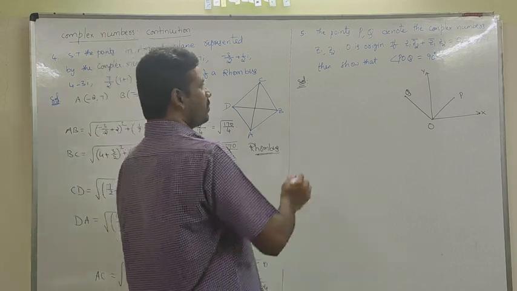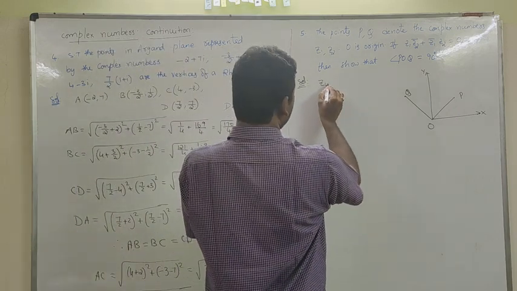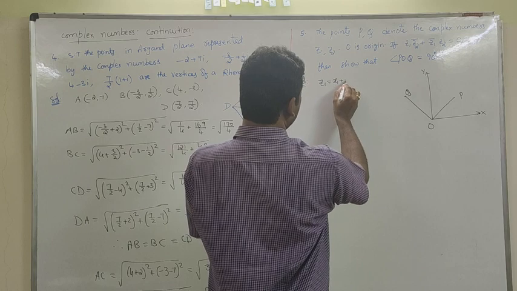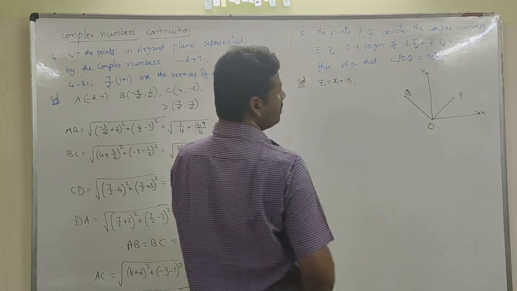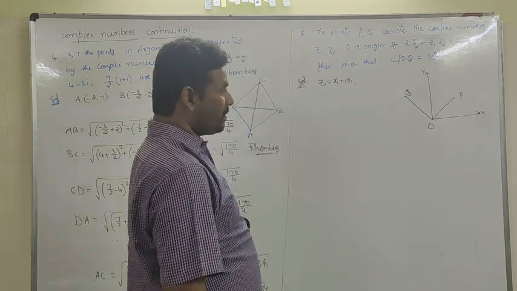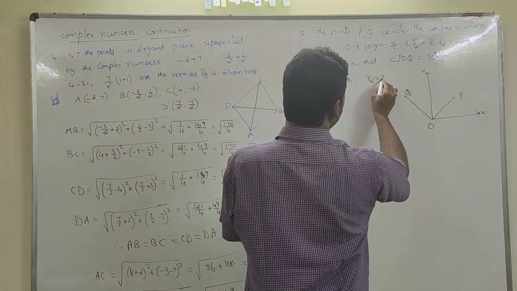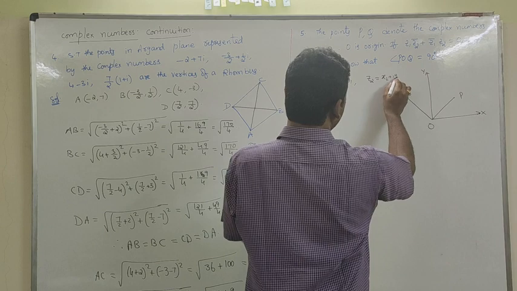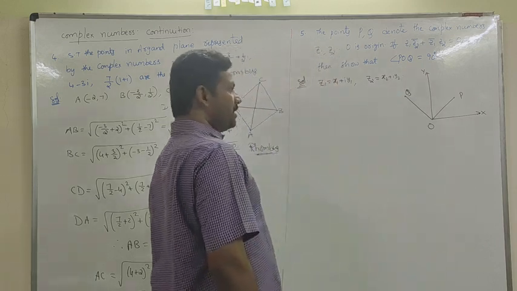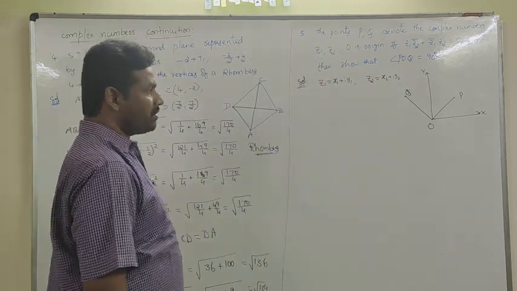Right. Now see this: Z1 equals x1 + iy1, and Z2 equals x2 + iy2.